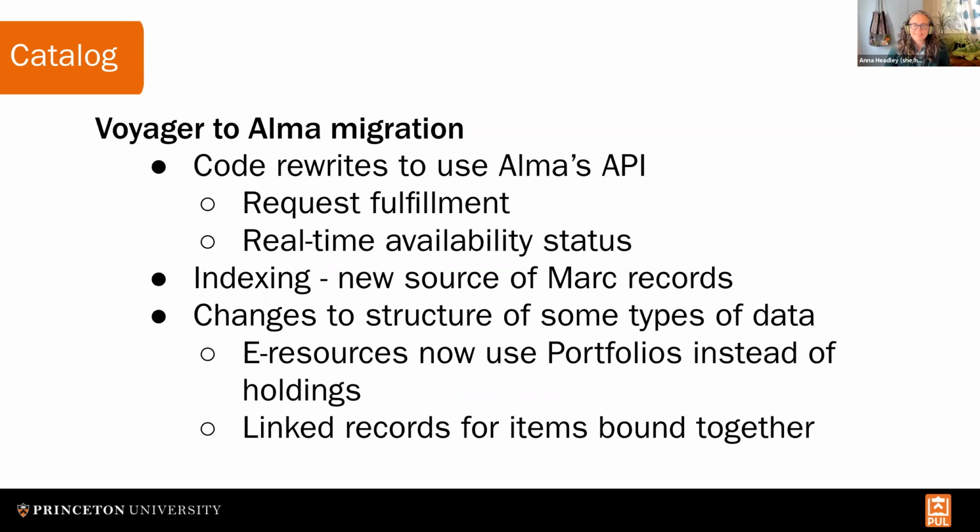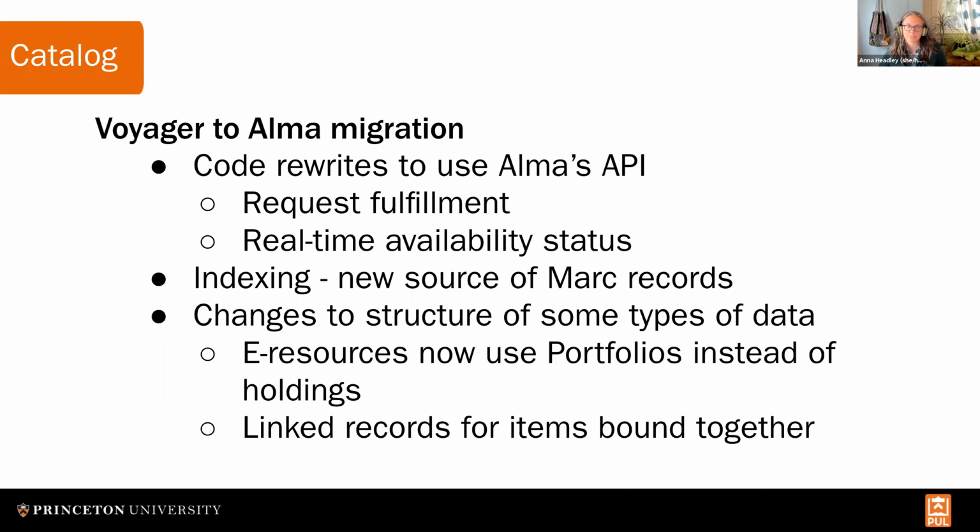So we've spent a big part of the past year migrating our library management system from Voyager to Alma. This involved a complete rewrite of our middleware application that sits between the LMS and our Blacklight catalog, which handles indexing as well as providing an API for real-time lookups and updates.